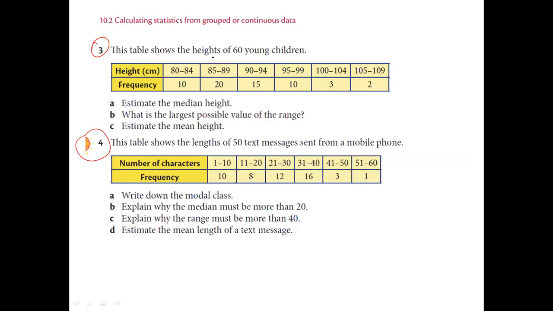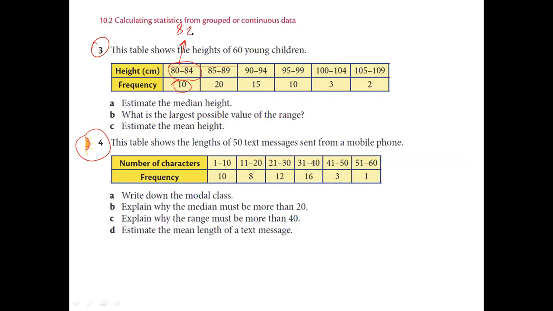So this table shows the heights of 60 young children. There we have the heights of children. 10 children have height between 80 and 84. So we can say, what's the average of 80 and 84?